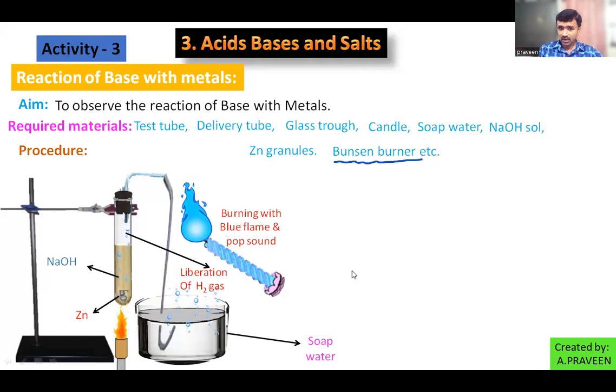Can you write the equation for this reaction? Yes, we are able to, because a reaction is observed. What change do you notice? Liberation of gas. That change indicates a reaction is taking place. Sometimes reactions are slower.